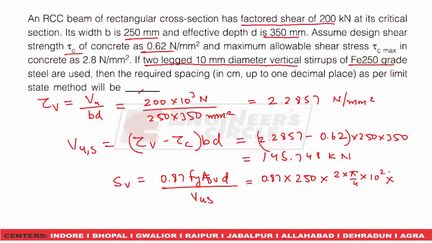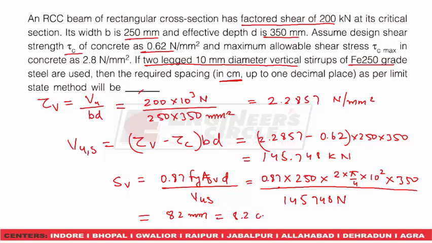D is 350, whole divided by VUS, that is 145, and since we have written 250 Newton per mm square, we should write it in newtons. So 145.748 Newton. So this comes out to be 82 mm. We have to solve it in centimeter, so it will be 8.2 centimeter. So the correct answer would be 8.2.